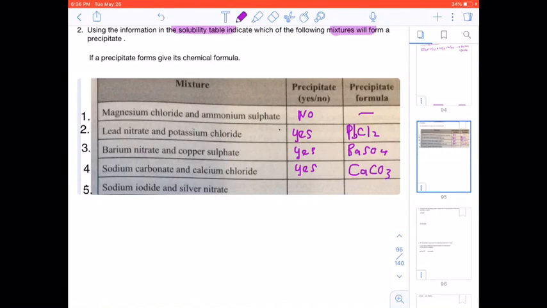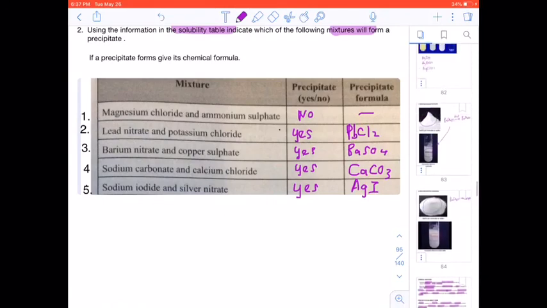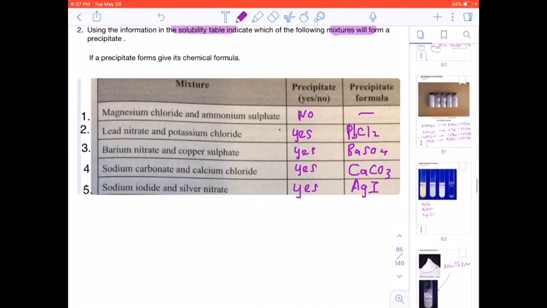And then sodium iodide and silver nitrate, yes. Right? And what's the precipitate? AgI. Right, let's just double check this. I just want to double check that calcium carbonate.